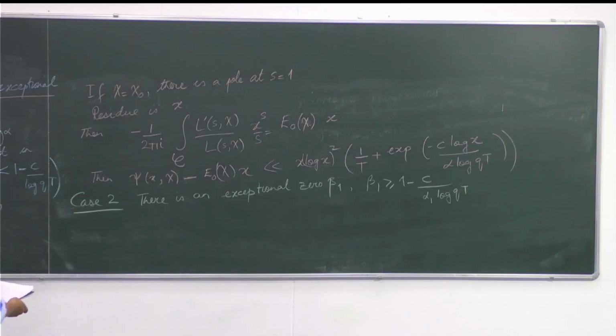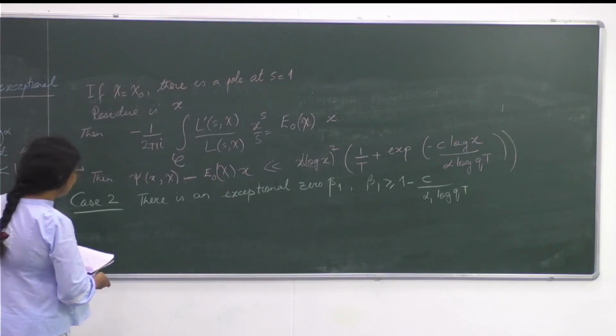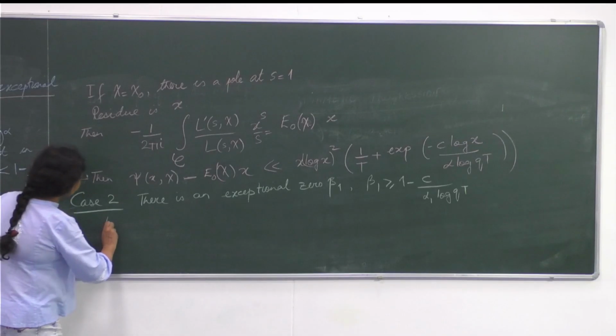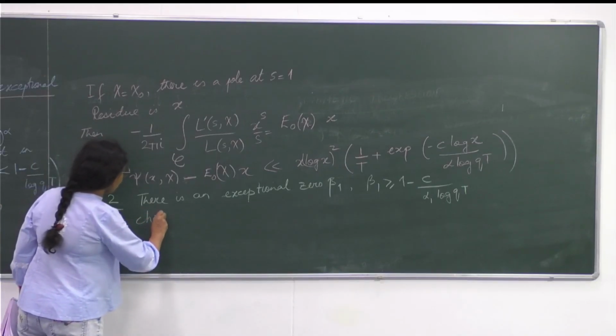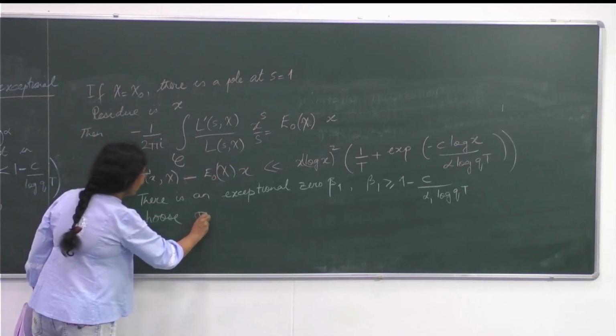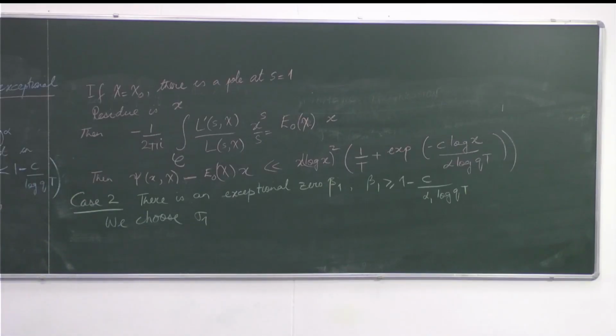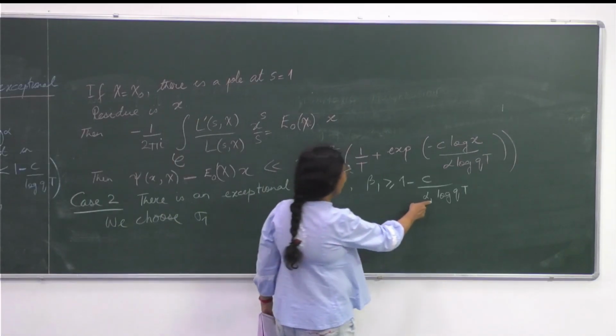In the first case, I had chosen sigma 1 as 1 minus c over alpha log qt. This time I should take something smaller than alpha, even smaller than alpha 1.